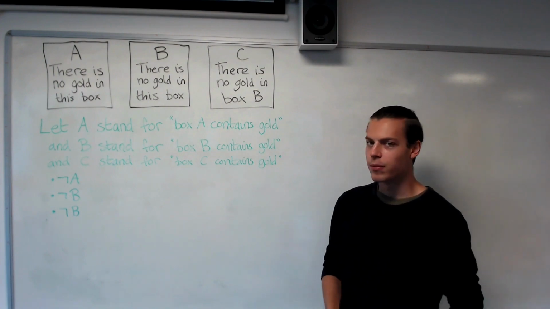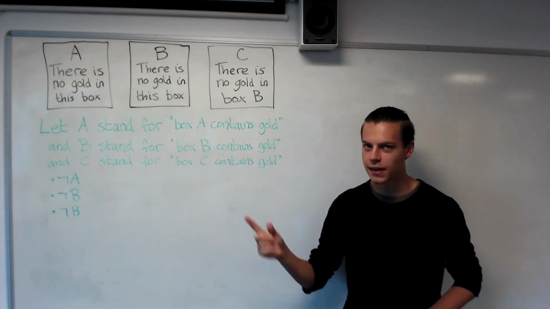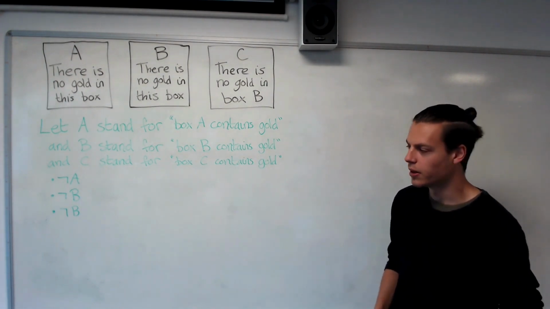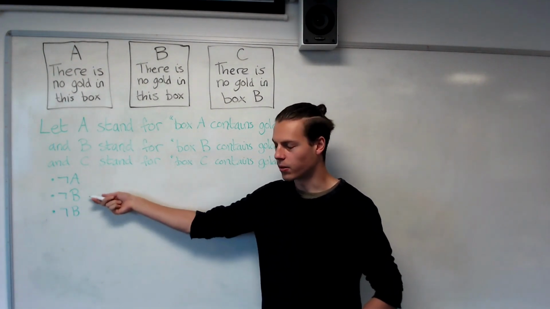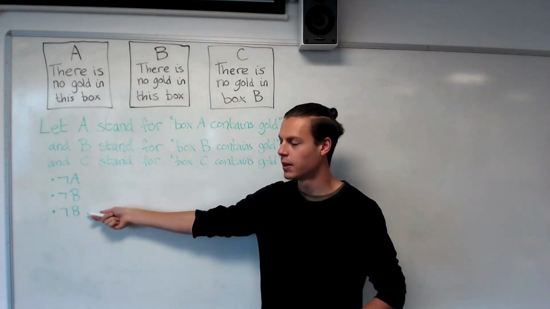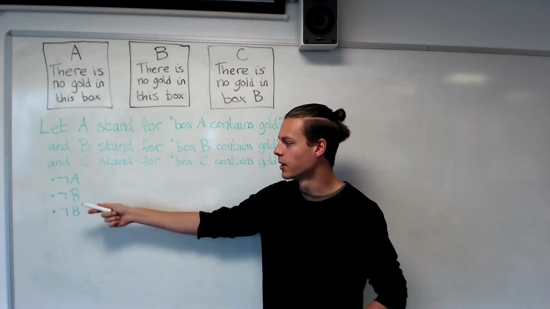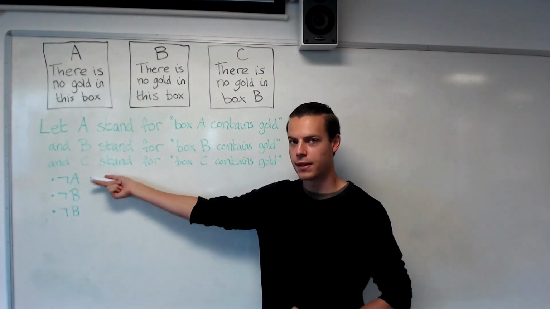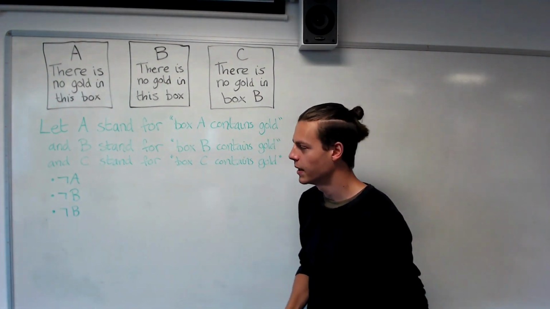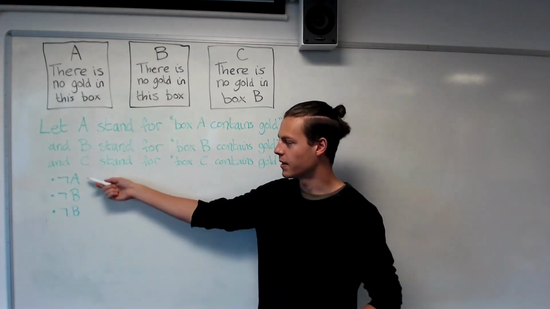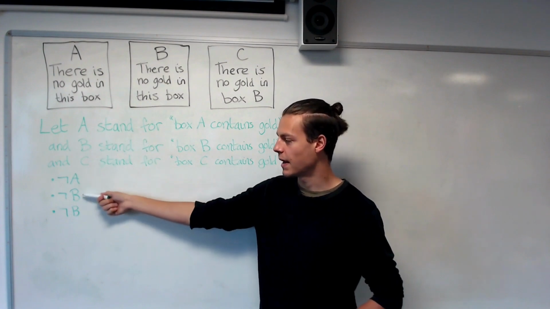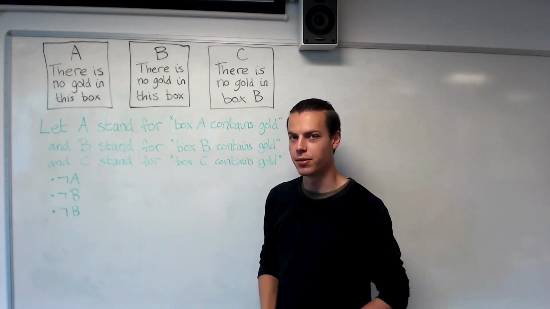Now, remember, we're given that exactly one of these three statements is true. So, it can't be not B, because then two statements will be true. Right? So, the first statement, not A, must be true, while not B must be false. In other words, if not A is true, A must be false, and B must be true.